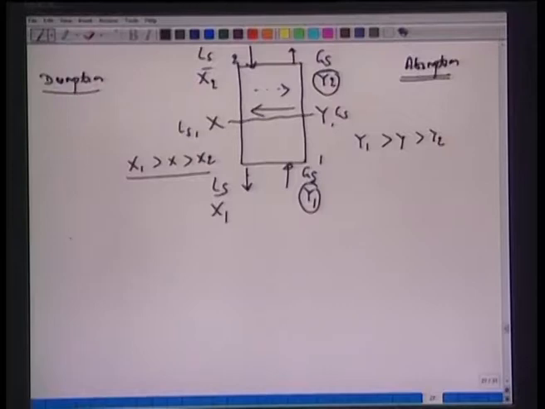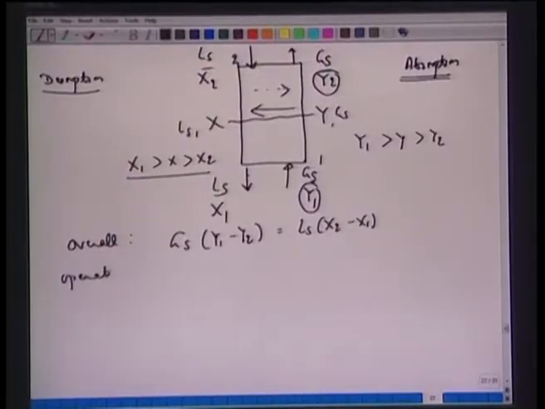If you make an overall species balance, it is very simple, similar to previous. Recall GS into Y1 minus Y2 equals LS into X1 minus X2, and all it means is we can have an operating line which will relate the bulk phase concentration of one phase to another.